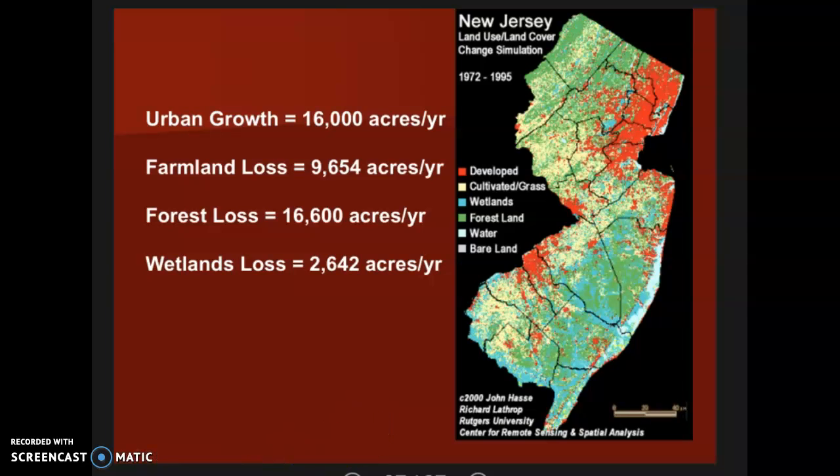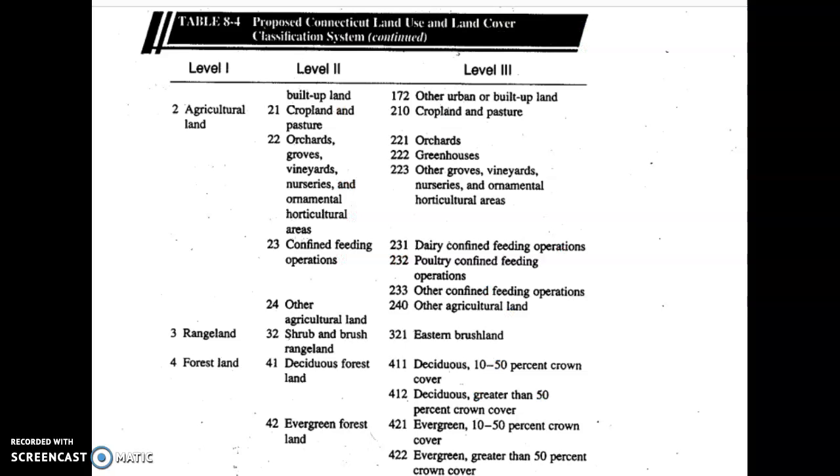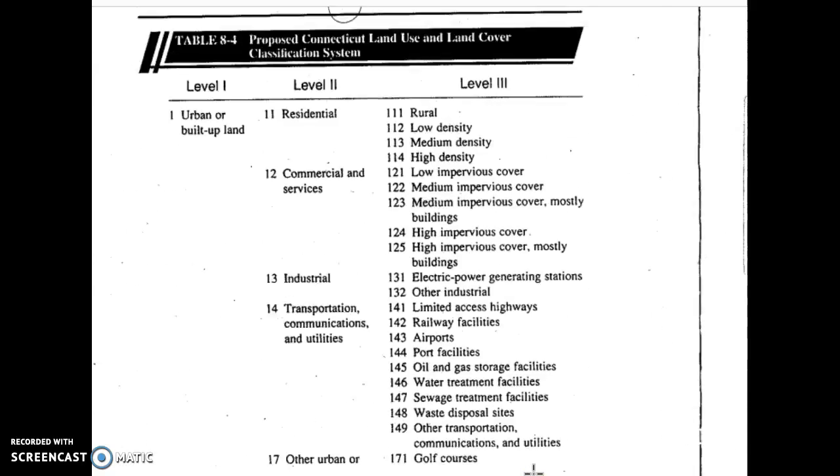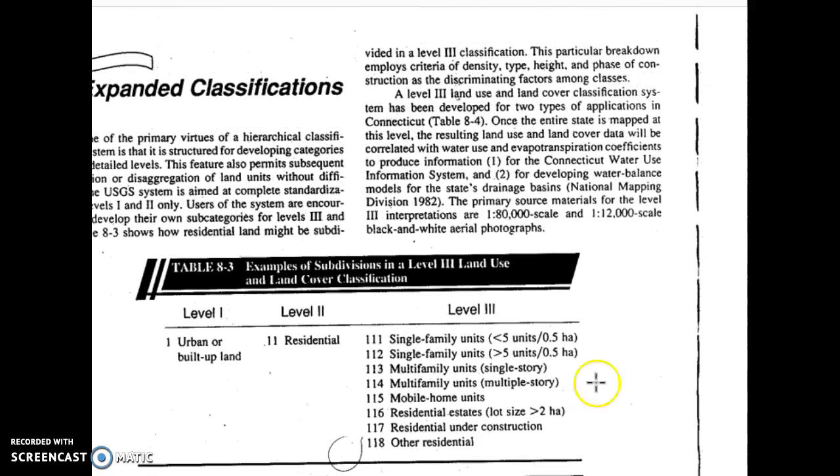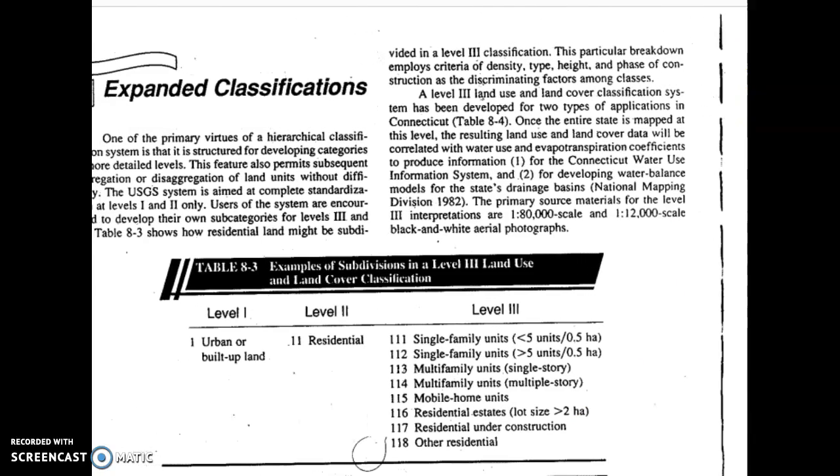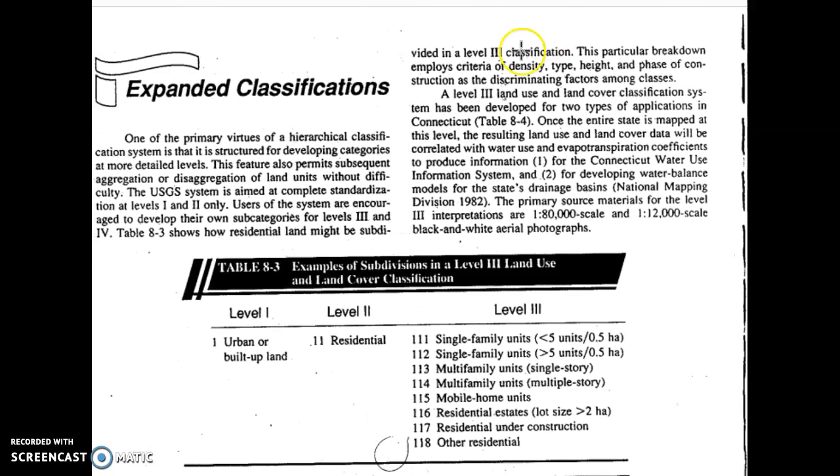Okay, I want to show you one more thing. This is the handout that's available on Blackboard. It's a PDF file, and it's from a textbook, the one I didn't make you buy, but I scanned in and provided this to you. This is, let's go back to the first page. This is, move it over a little bit. I told you that I was going to share with you a level 3 system.